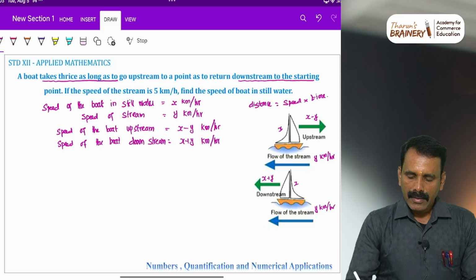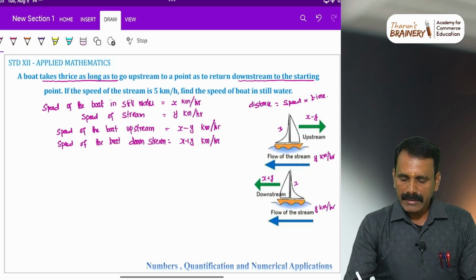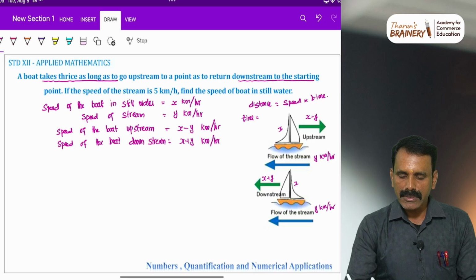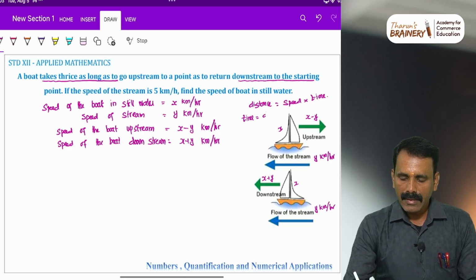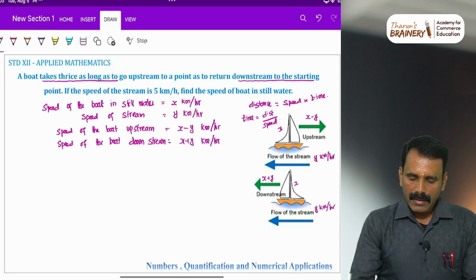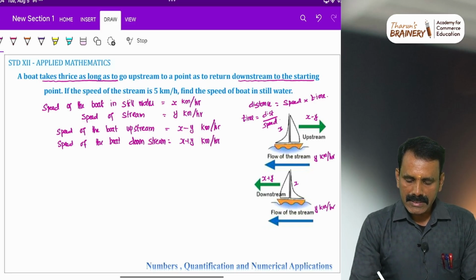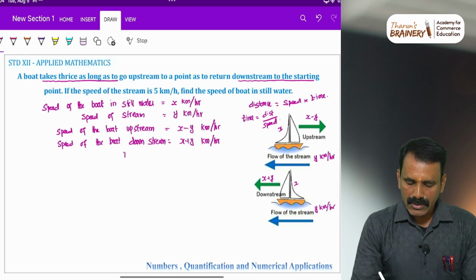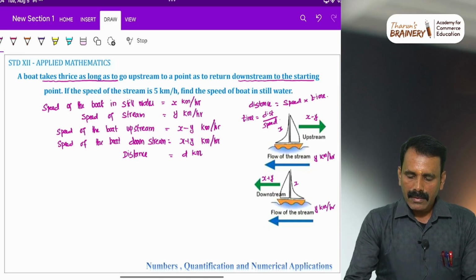Now from this we get the time taken for the upstream or downstream will be given by distance by speed. Now, because the distance is not given to us, we take the distance to be some constant. So distance is taken as d kilometer.